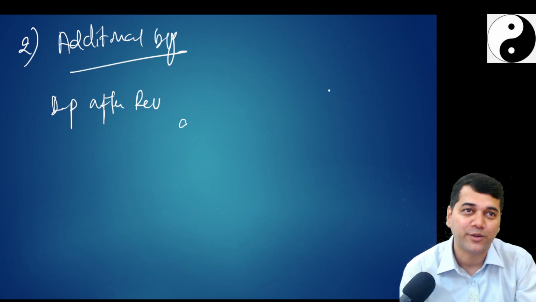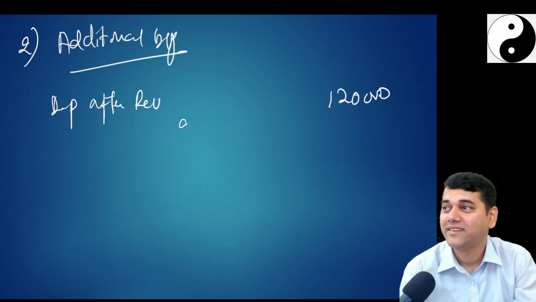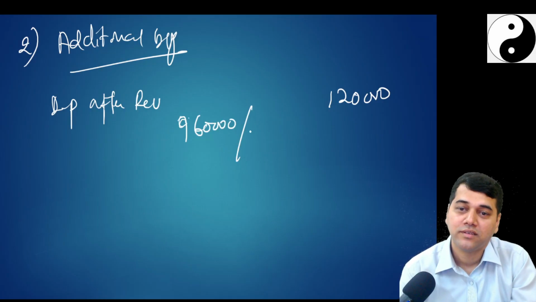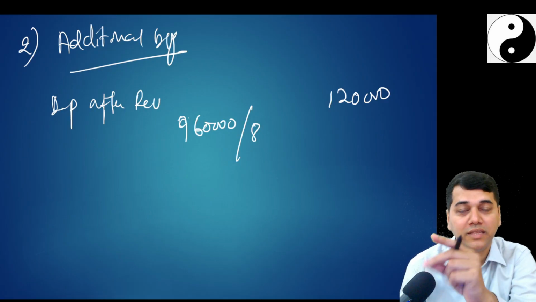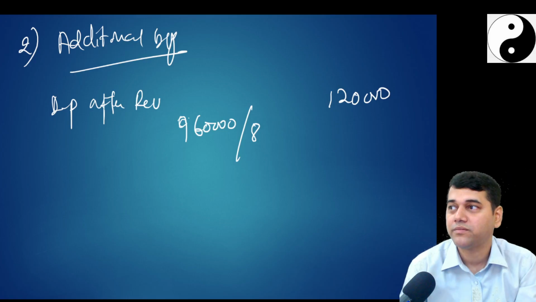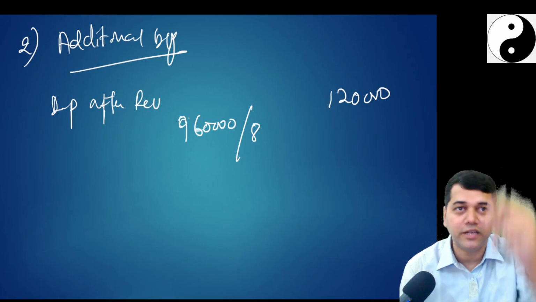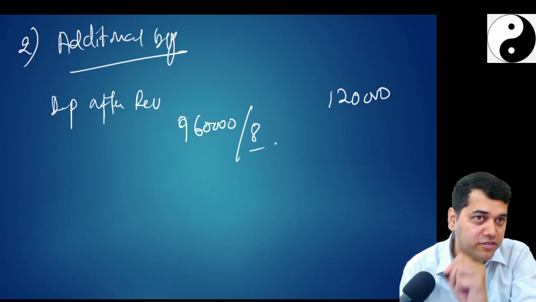One amount you tell. 1,20,000, 9,60,000. This is for how many years? 8 years. Why are you dividing by 8? You are assuming that accumulated depreciation has been written off. Which method do you follow? Did you follow the gross block restatement method or the depreciation elimination method? Elimination method. That's why you divide it by 8 years.